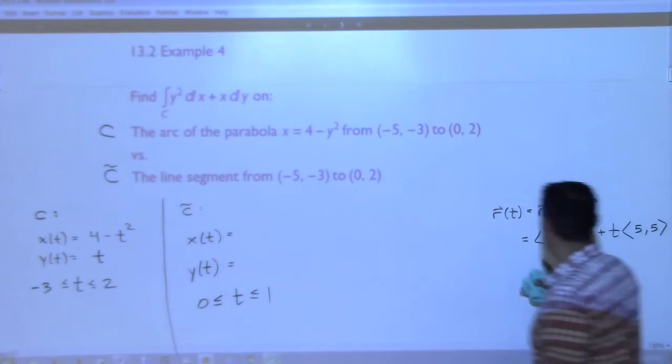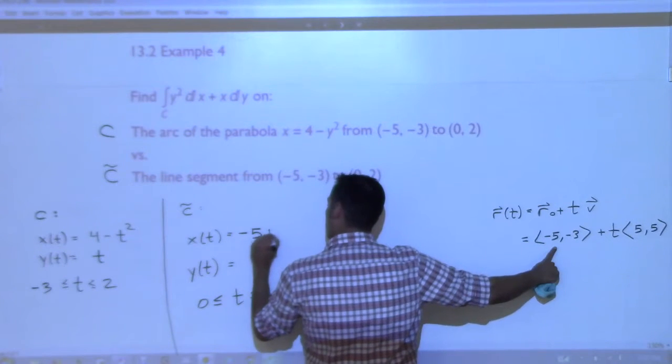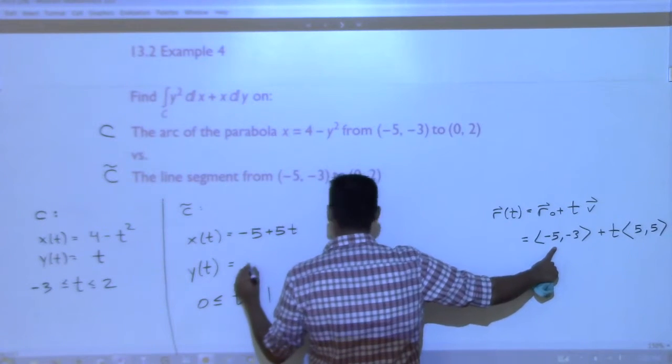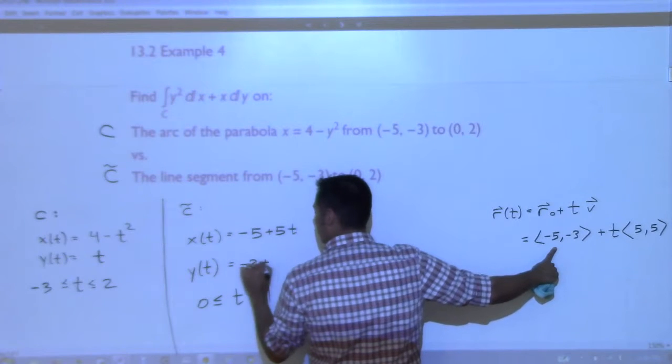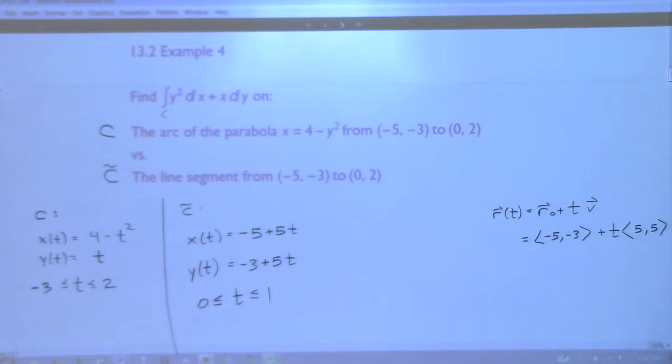And so if I pick off my x part, we get -5 plus 5t, and then we get -3 plus 5t. Questions? We've done this now, I think, 3 or 4 times.